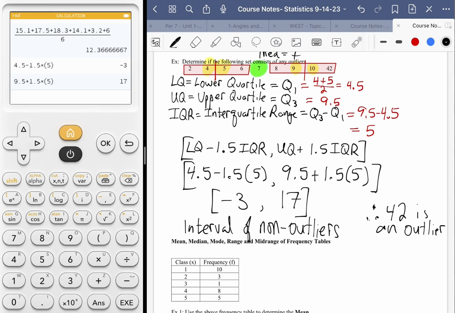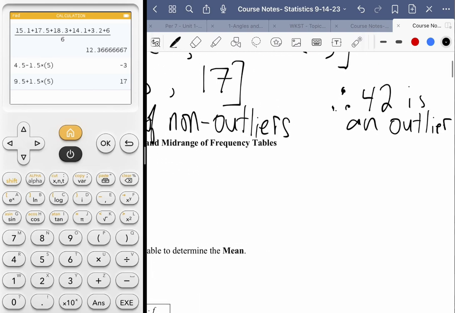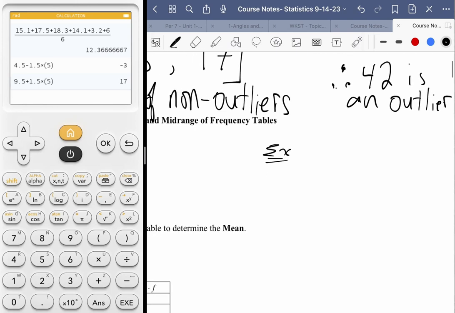One quick side example. Let's say you have a data set that consists of the numbers 1, 1, 2, 3, 56, and 7. Now you could run an outlier formula on this, like what we just did. I don't want to waste your time doing that.